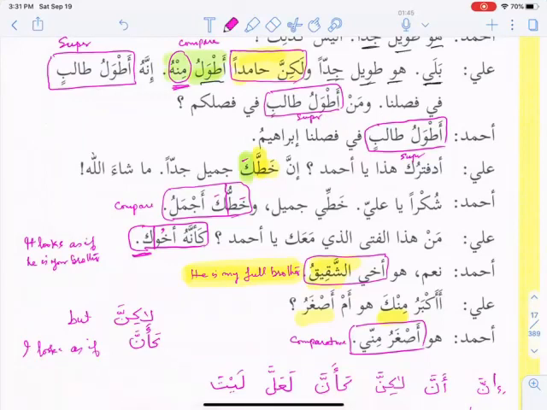Shakik, huwa, akhi. See, here I'm again writing here. Akhi. Huwa is mubtada, akhi is your khabar. Huwa is mudaf, mudaf ilayh. And shakik is the naat for akhi. He is my full brother, you know.